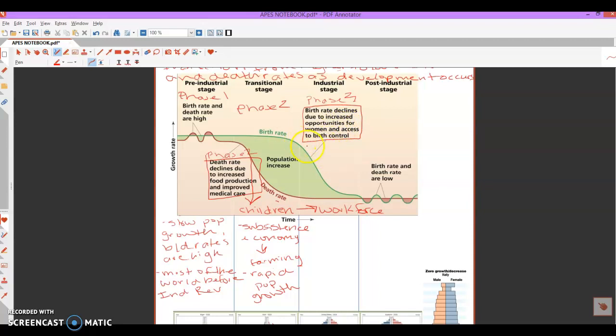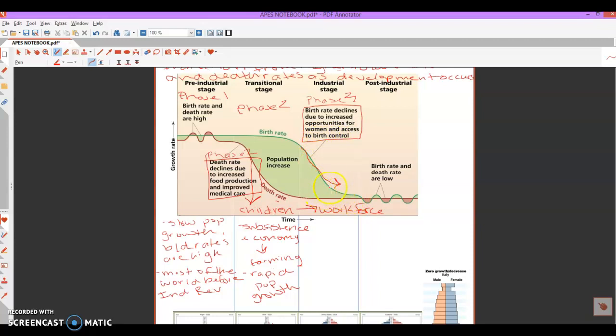So you can see right here the birth rate is decreasing drastically because women have more opportunities. We talked about in our last section of notes that when women have access to higher education and are able to work outside the home and have access to family planning, the birth rates decrease.